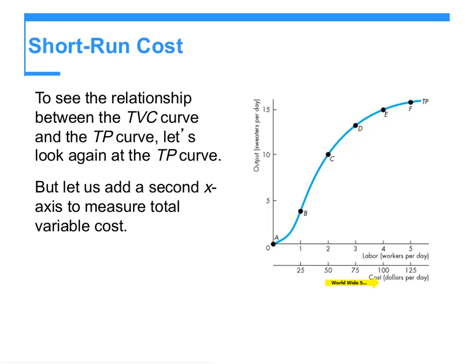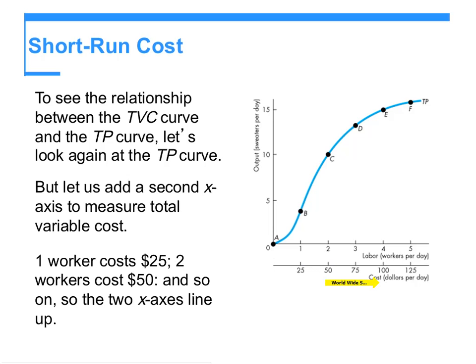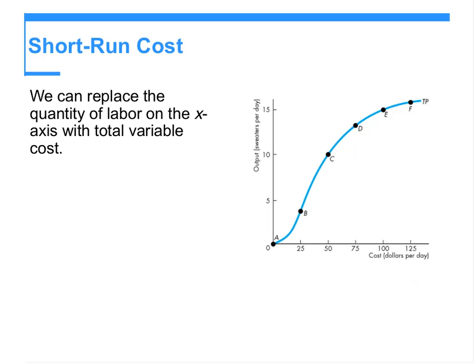Let's see how it works. A worker costs $25. Two workers cost $50. And the two x-axes line up. So as you can see here, the first worker 25, second worker 50, and as you go up, the cost also goes up.